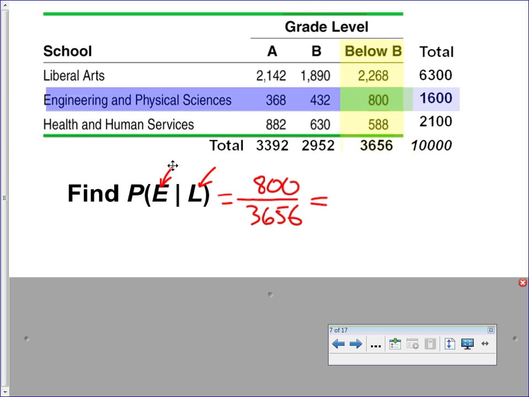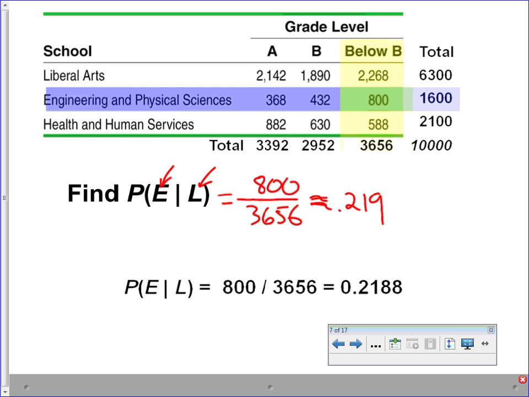So the probability of E given L is approximately 0.219. Oh, 0.2188. All right, cool. Because we're getting the probability of E, given it's an engineering class, but we're only saying below a B. This has already happened. All the grades are below a B.